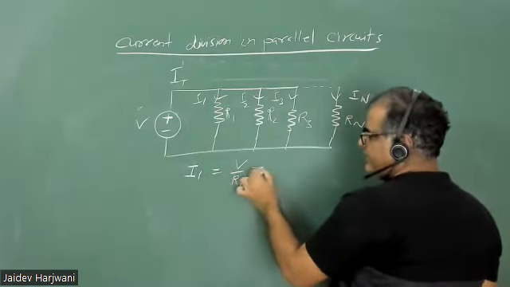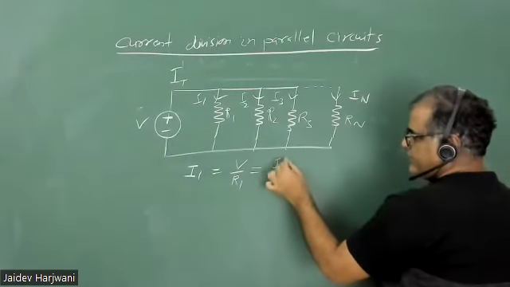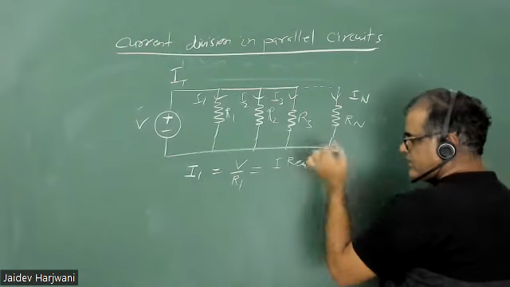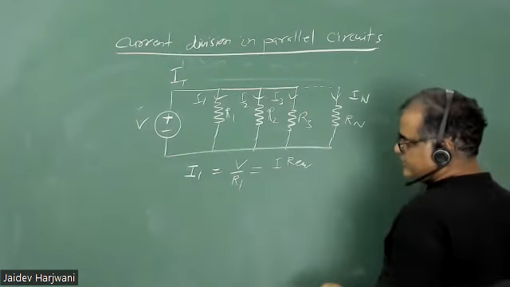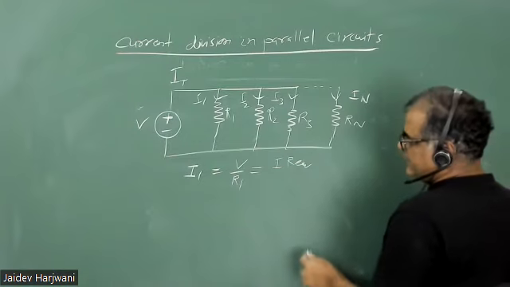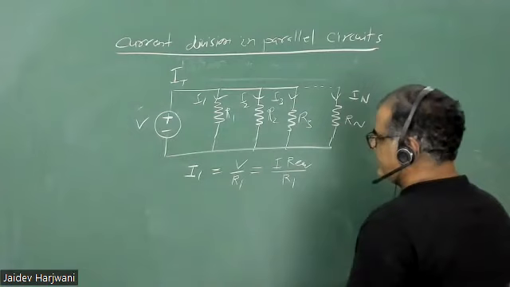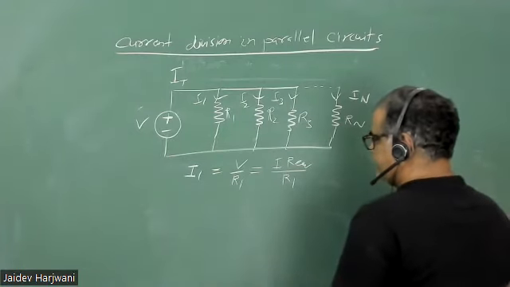And V is equal to I into R equivalent. Yes or no? Can I write like this? So I1 equals I R equivalent upon R1.